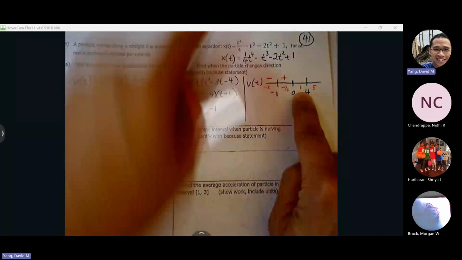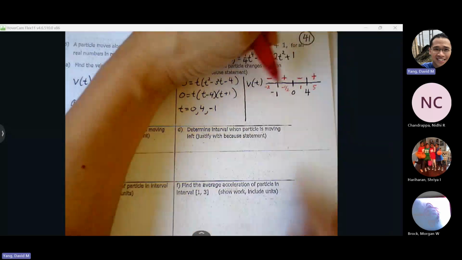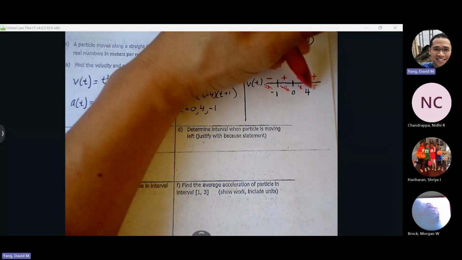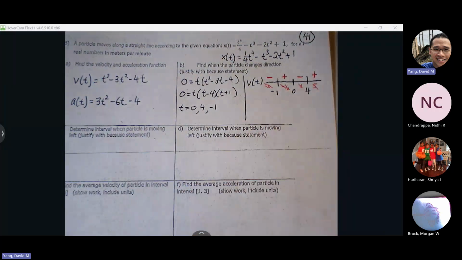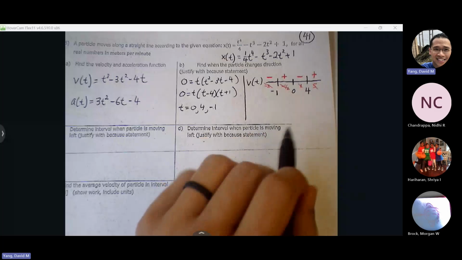Positive, negative, positive, 1 negative is negative. Positive, positive, positive. And then just so that these test numbers don't distract you, cross those out so that you know they're not going to play a role in anything we do next. We're not going to include them in our interval statement. They're just there to help us get the signs up and running.